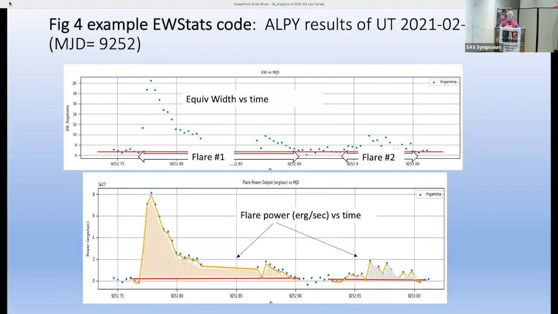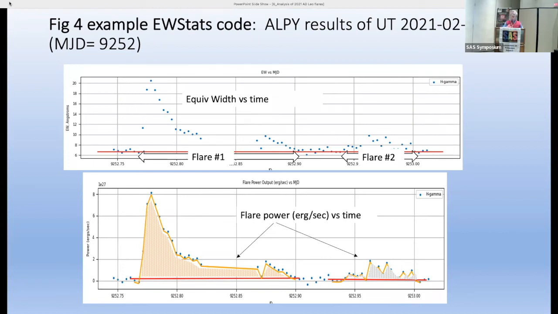I'm not a math guy, and I'm pretty simple-minded. So what I like to do is go back to the papers from the 1960s, where they did a visual examination and said, looks like a flare to me, looks like it started here and ended here, and then do the calculations. So that's the approach that I took in the results that I'm about to show here.